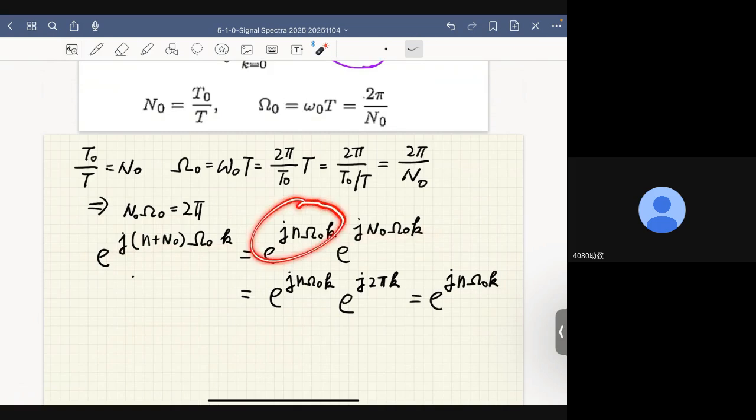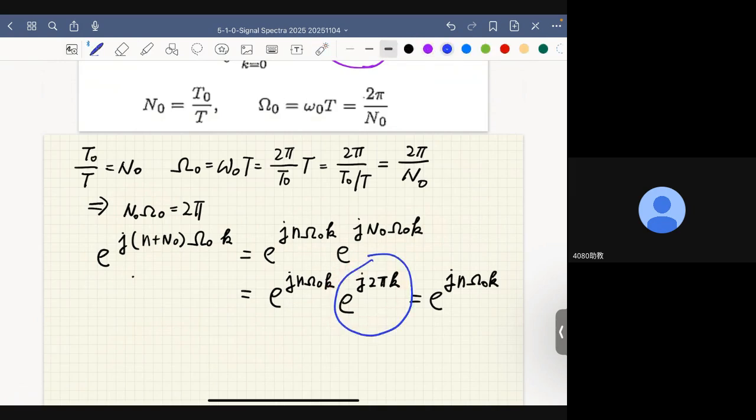This term remains the same as before. But here we know that N0 times capital omega 0 is actually 2 pi. So this becomes this, and the value of this term is, of course, 1.